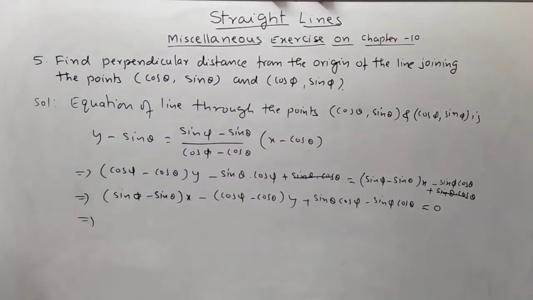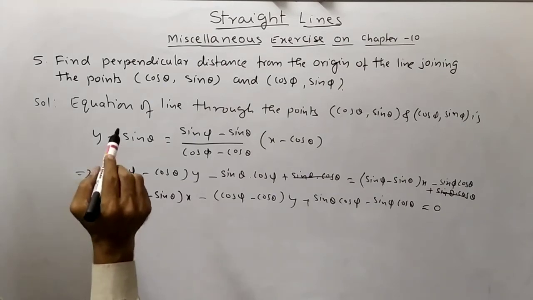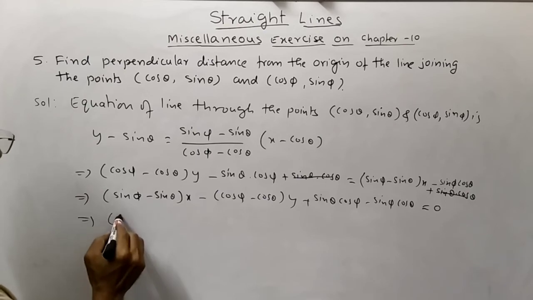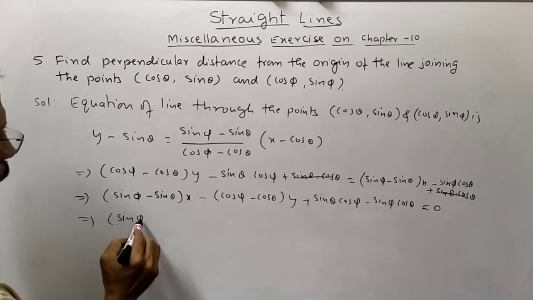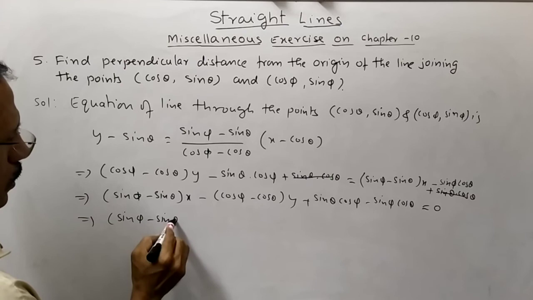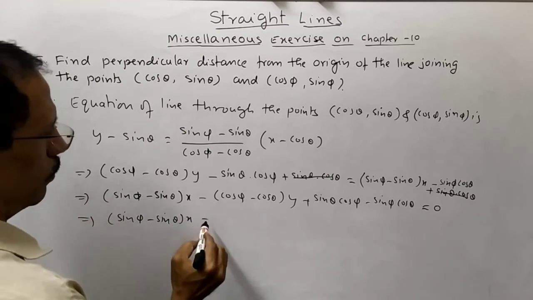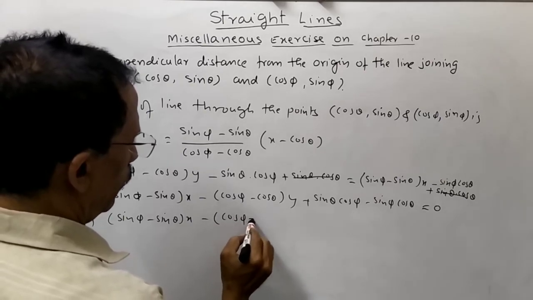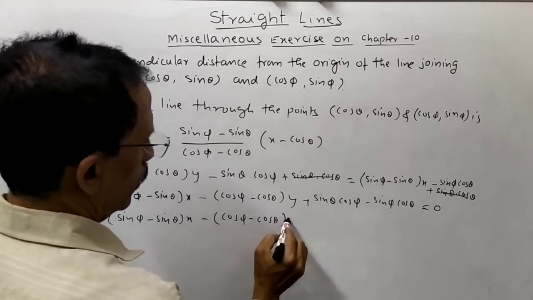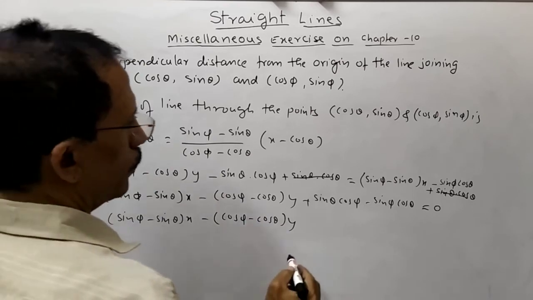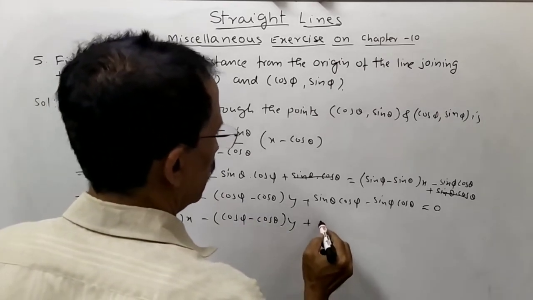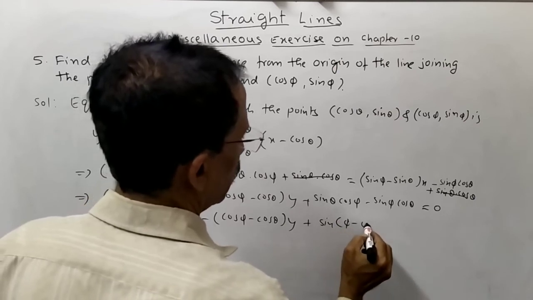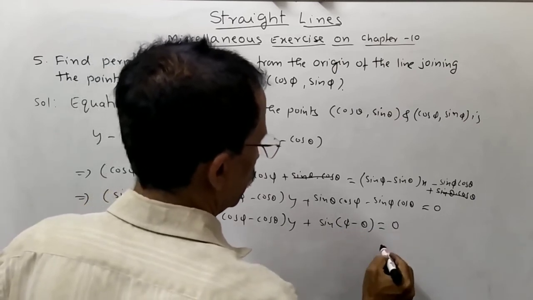This implies (sin phi minus sin theta) into x minus (cos phi minus cos theta) into y plus sin(phi minus theta) is equal to 0.